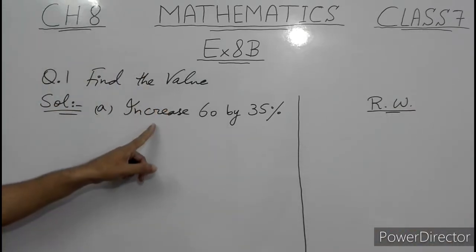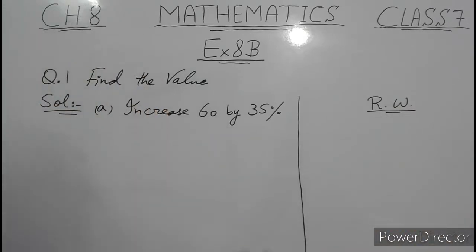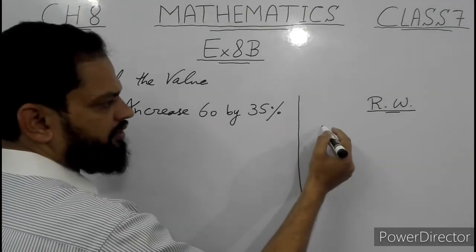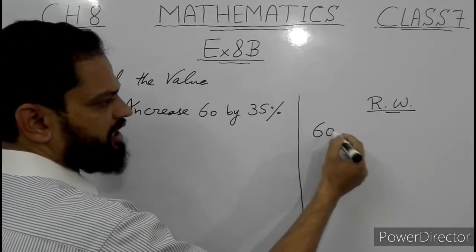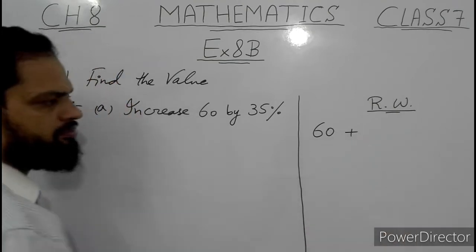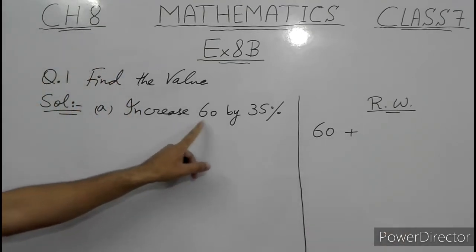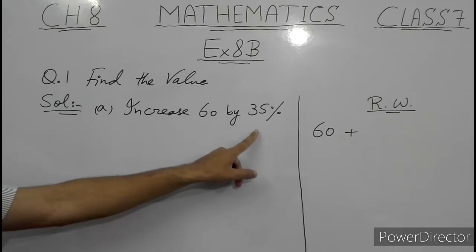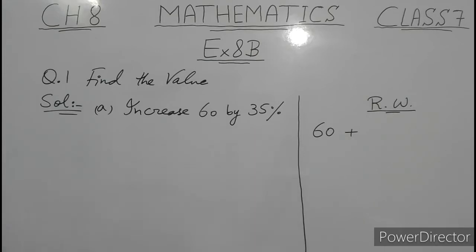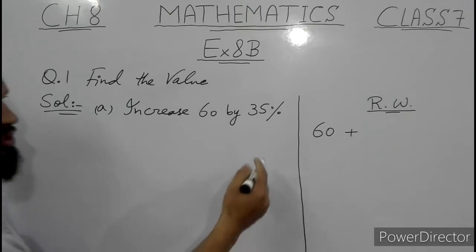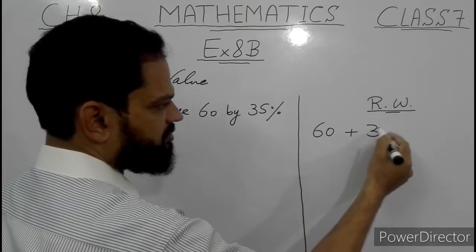We have to increase 60, so we will add something in 60. We have to increase 60 by 35%, so add 35%.